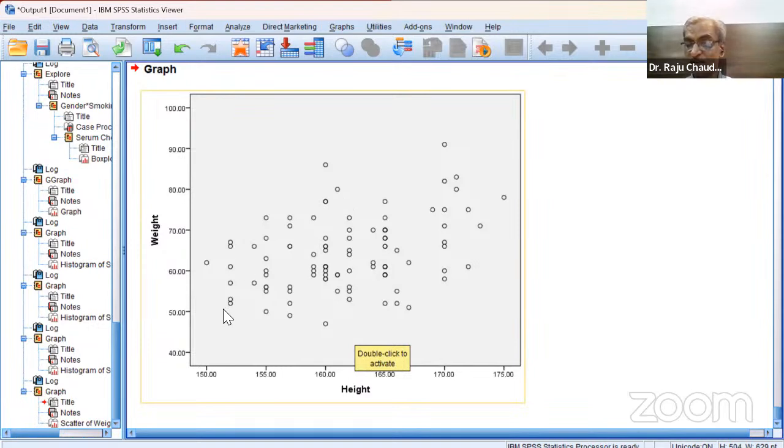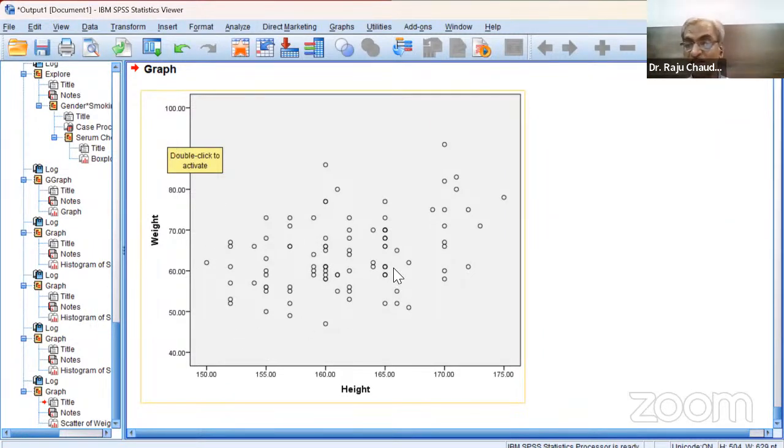Okay, so see what this scatter plot shows. What can you say about the relationship between the height and weight? If you look carefully, as you move from left to right along the x-axis and bottom to top along the y-axis, right? As height increases, weight also increases.